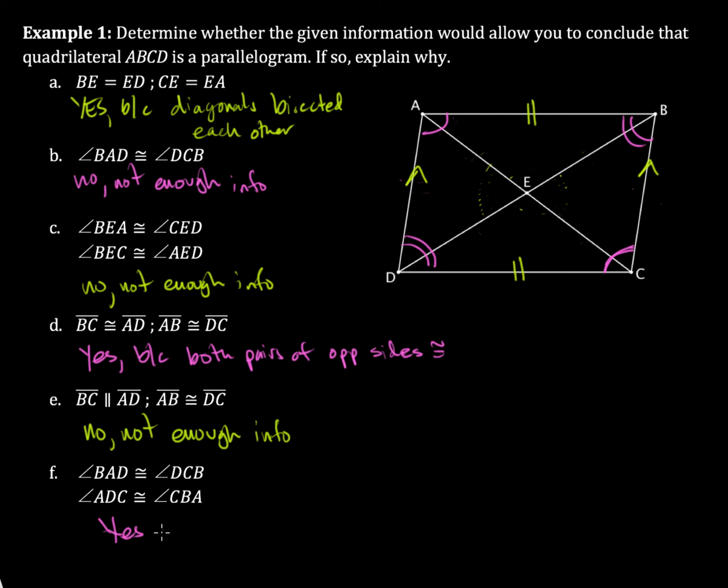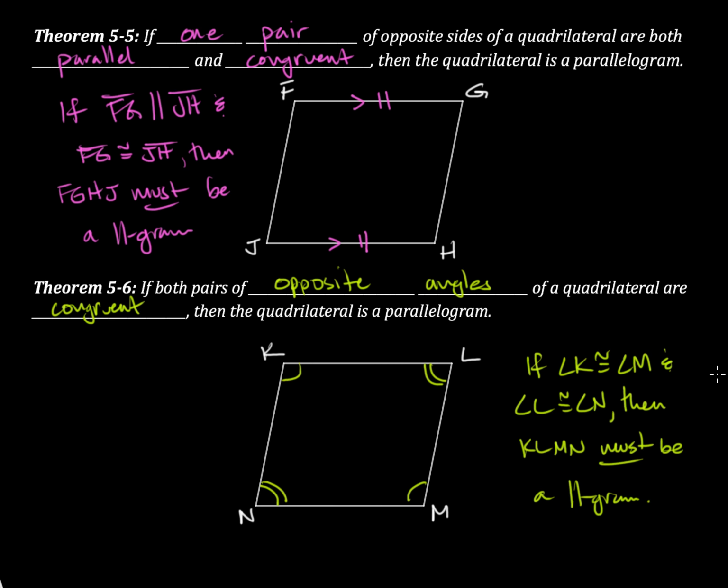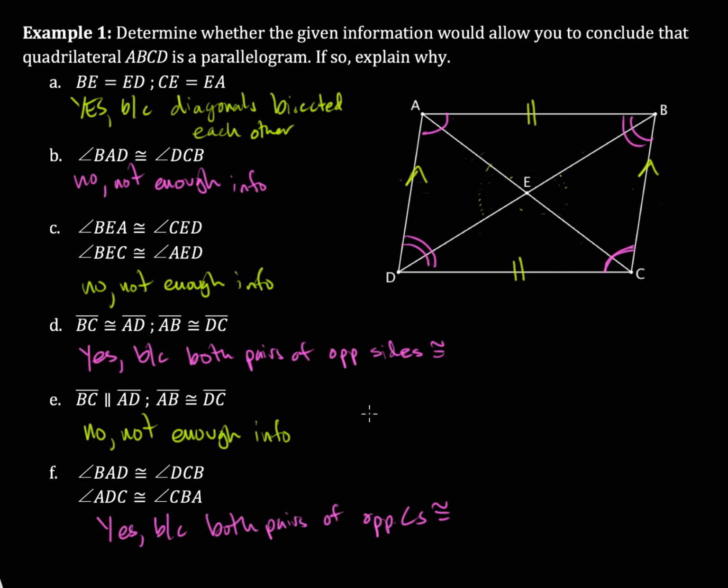This is enough information because, let me write that a little bit neater. Yes, because both pairs of opposite angles we know to be congruent. And if we look back at numbers, that would be theorem 5-6, right? Theorem 5-6 would apply in this situation, and that would definitely be a parallelogram.